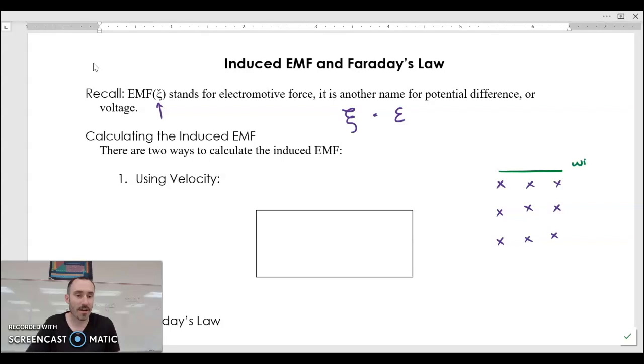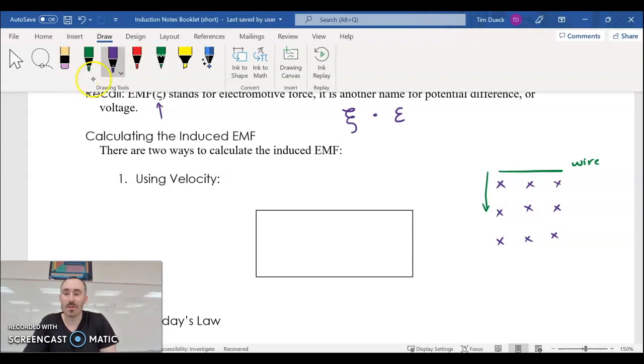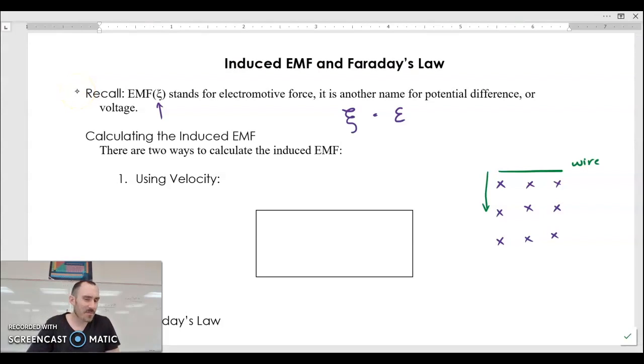This wire is moving through the field. Here's what happens. Inside this wire, you have a whole bunch of charges that are relatively stationary. They're not drifting in any direction.